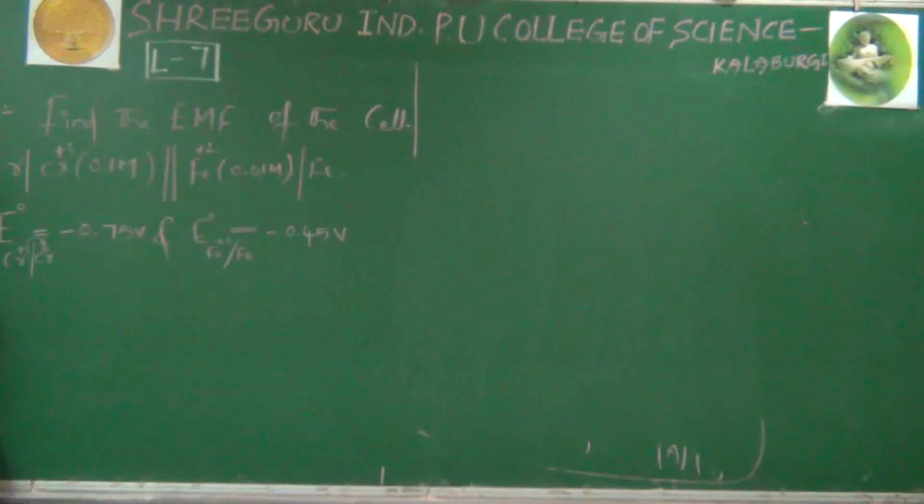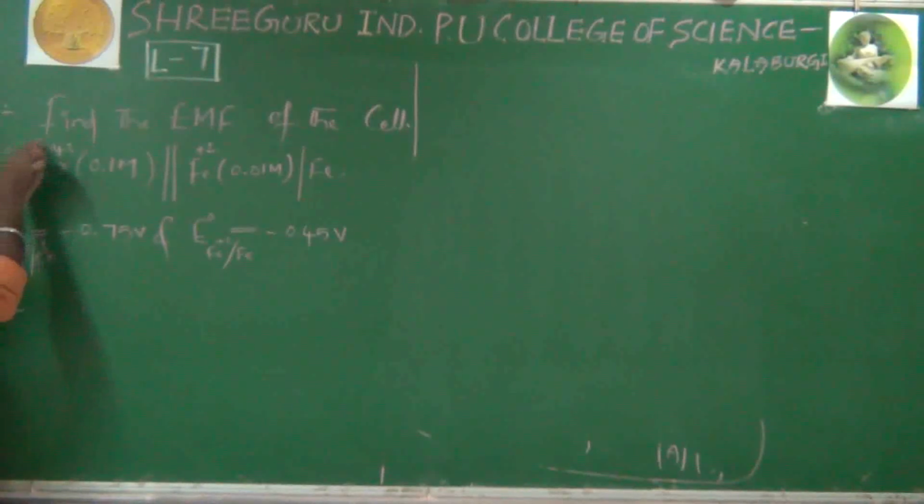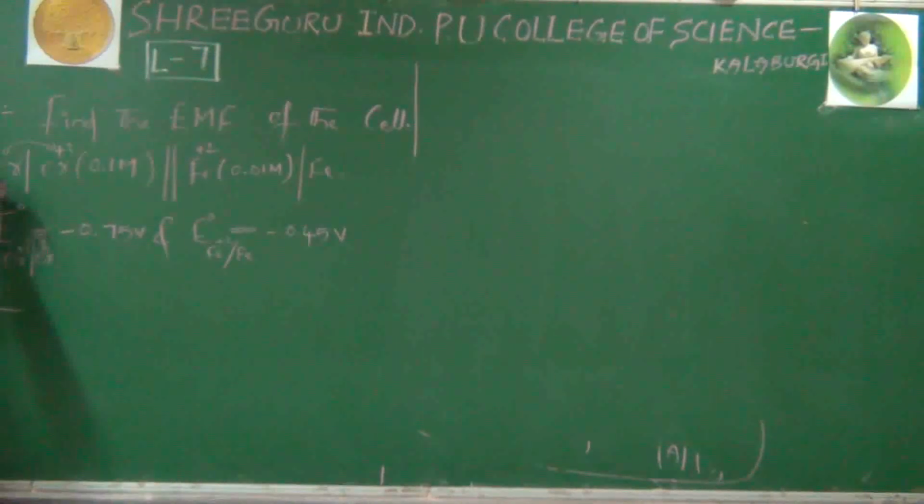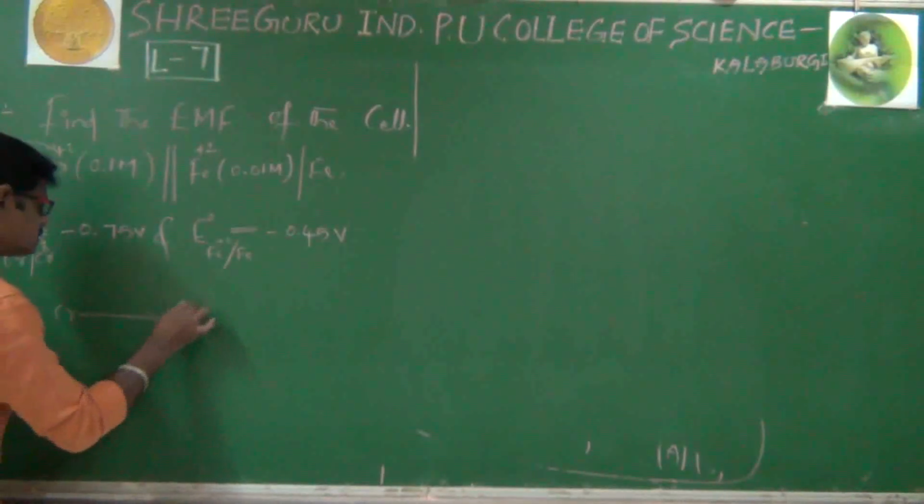See here, answer, we will write net cell reaction. Then if you see the cell symbol, chromium 0 oxidation state has converted to plus 3, means here increase in oxidation state. Nothing but here oxidation is taking place because this is anode. Therefore, we will write like this, chromium converted to Cr plus 3.